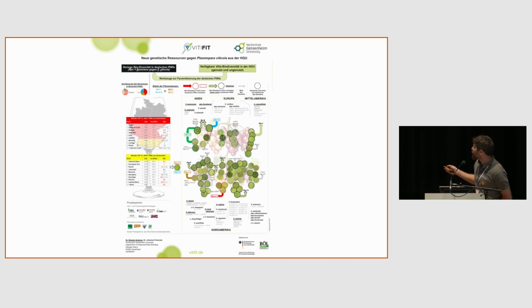But we also have some accessions, it's not so nice on the screen, but you should go to the poster. We have also a lot of accessions which are showing very clean resistance, very immune, without any fungus on them. And we have a lot of them, which could be used for future breeding programs. Thank you.